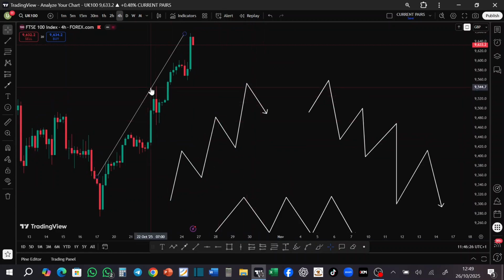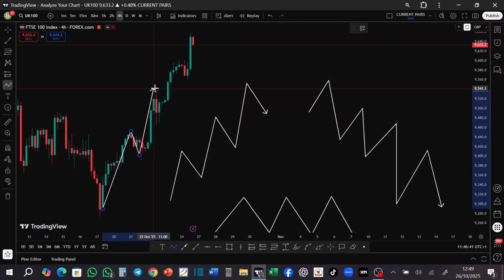So here we have the first model of the market structure, where we have seen that the market moved up like that, then came the lowest point here, then moved up, the lowest point again was that, then it moved up there, then it made the lowest point there, then it moved up.